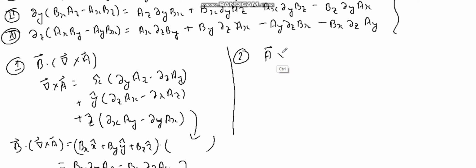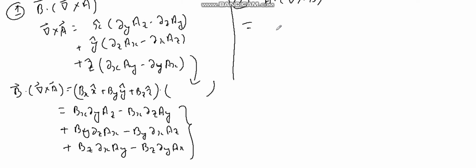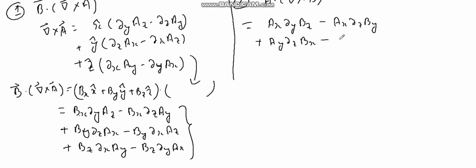So in the final form, del cross b is going to look like, okay, ax del y bz minus, so we are just replacing a with b and b with a, minus ax del z by plus ay del z bx minus ay del x bz plus az del x by minus az del y bx, not b of x, it is bx, right? Okay, so everything looks correct.